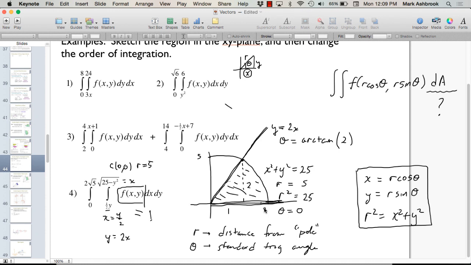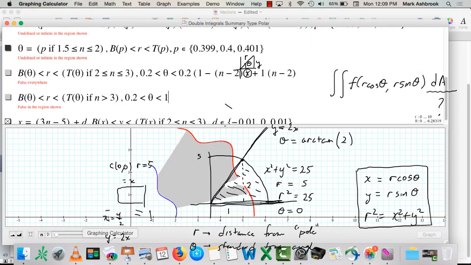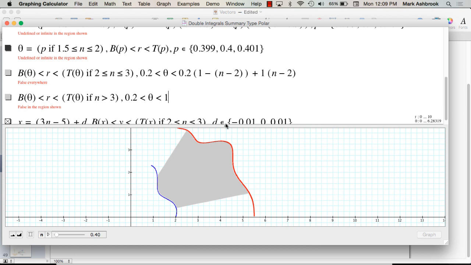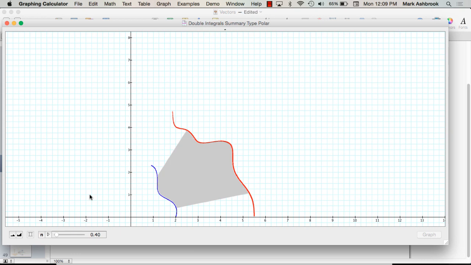Now the question is, what does it mean to do a double integral in polar coordinates? So let's take a look here. So ready? Here's the way we think of it, and then I want you to talk after you're watching this. Okay?